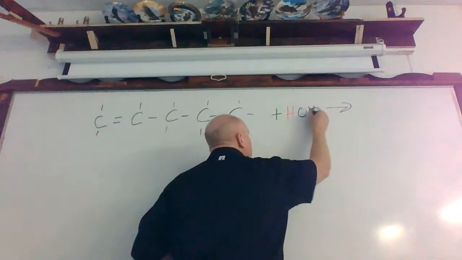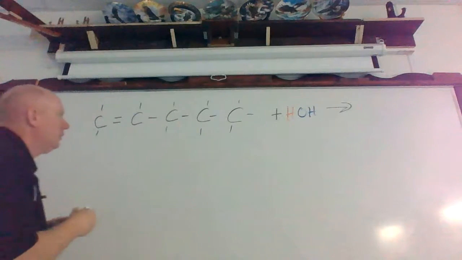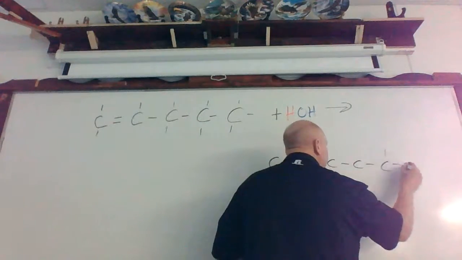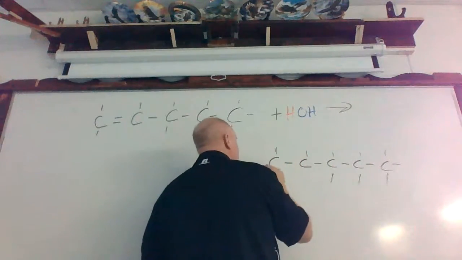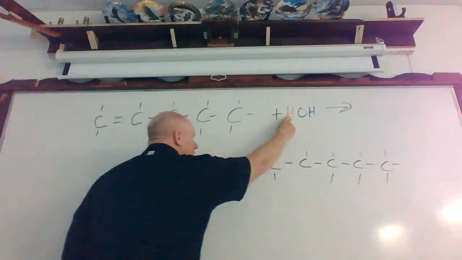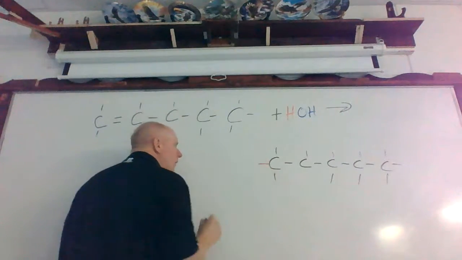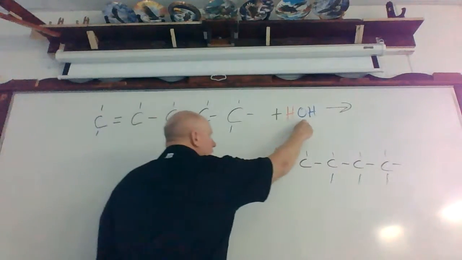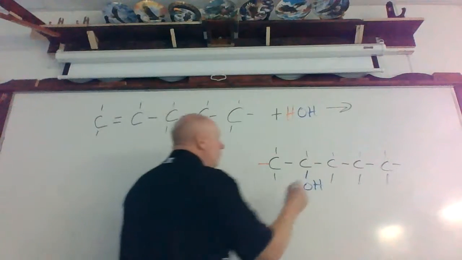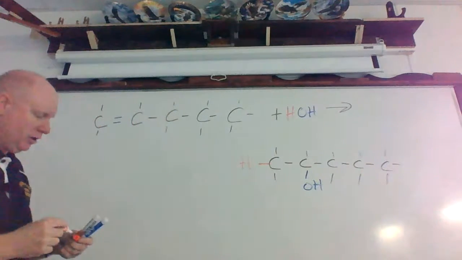Now when this reaction proceeds, it's going to go all the way down to everything being single bonded. This hydrogen attaches to where there are already the most hydrogens present, and you correctly said here. Therefore, that leaves the OH to attach to the second carbon. Now we've accounted for everything. Put that hydrogen on there so we can see where it goes.